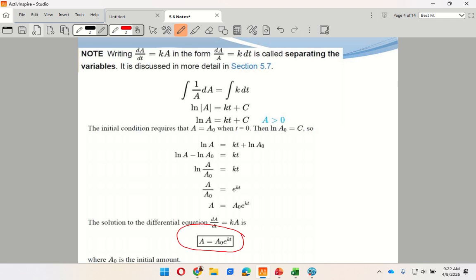This is a formula. A sub naught is my initial amount. Whatever I start with here gets multiplied by e raised to the kt. And after I do that, A is my output. It's whatever the amount is. So A sub naught is the initial amount. A by itself is just my end amount. So it's going to be a different amount, right?